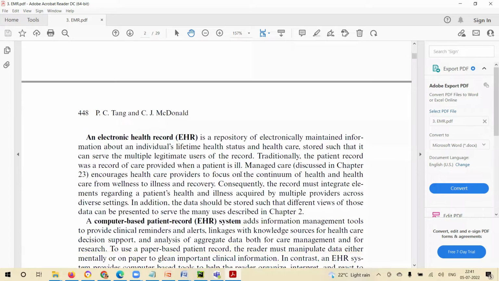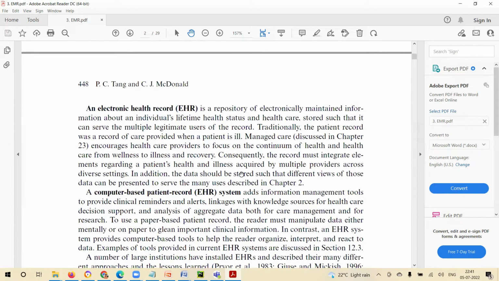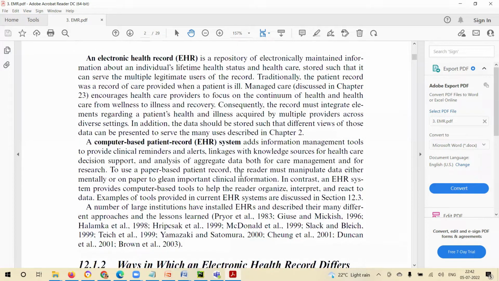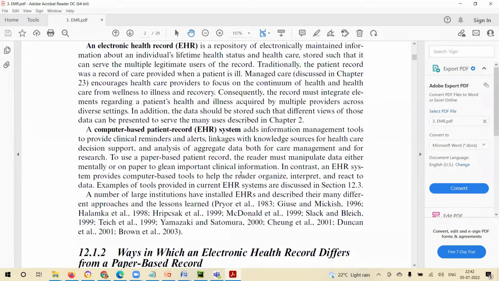So an electronic health record is a repository of electronically maintained information about an individual's lifetime health status and healthcare. Then we know the computer-based patient record, you have paper-based or electronic-based, right?